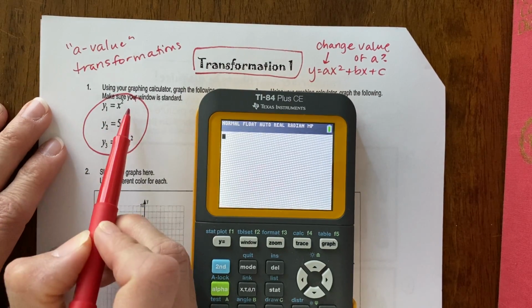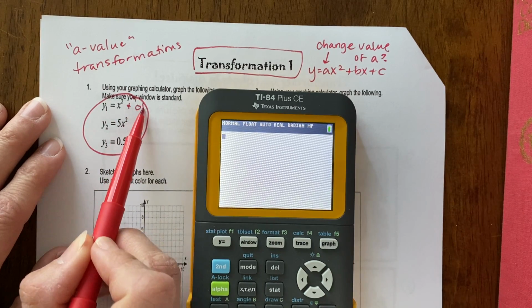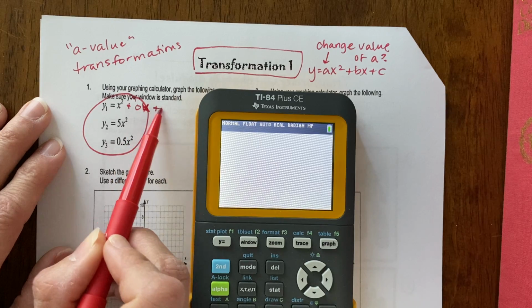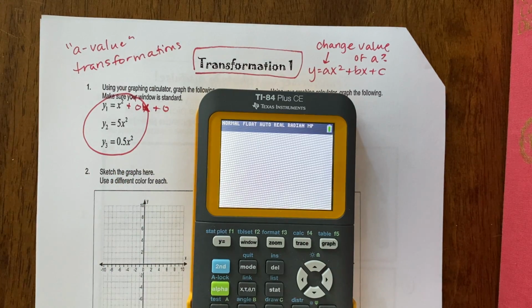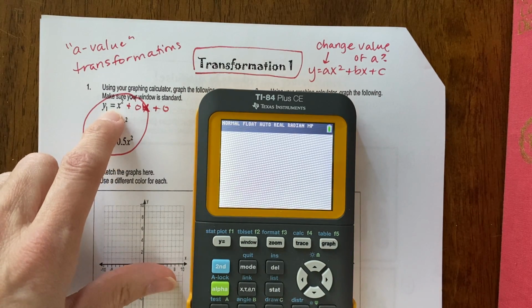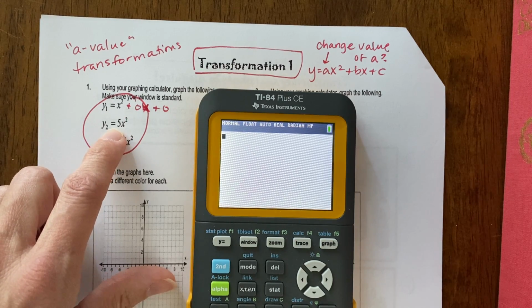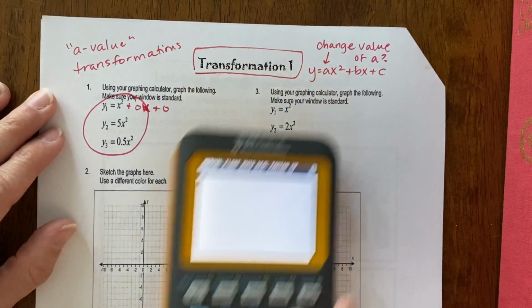So again, this is in standard form. It would just be that b is 0 and c is 0, right? So we have nothing after those. So just really y equals x squared. And then change the value of a: in x squared, it's 1. And y2 equals 5x squared, then the a value is 5.